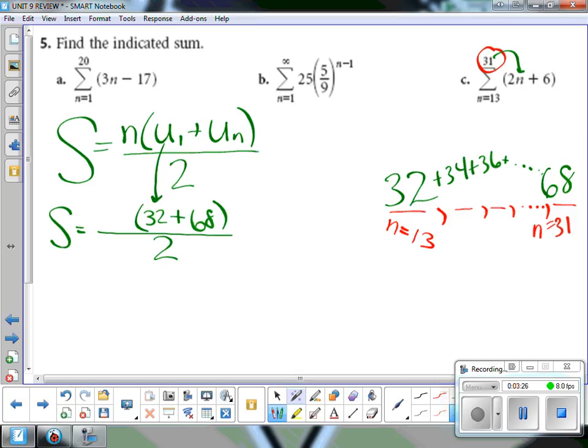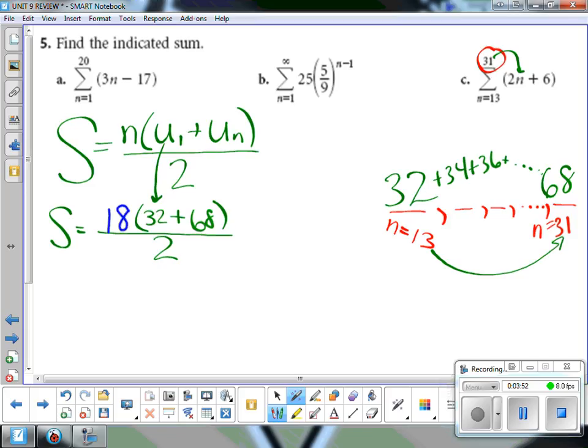How many numbers are here from the 13th to the 31st? Do you know what a common wrong answer is? 18 is a common wrong answer because from 13 to 31 is how far? 18. So students will often say, okay, well then there's 18 numbers there, but there's not. There's 19.